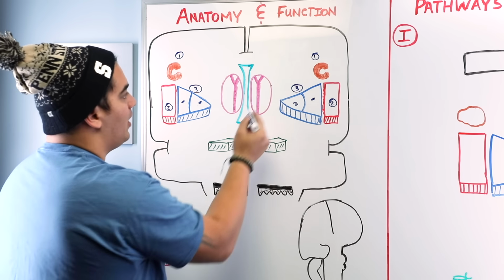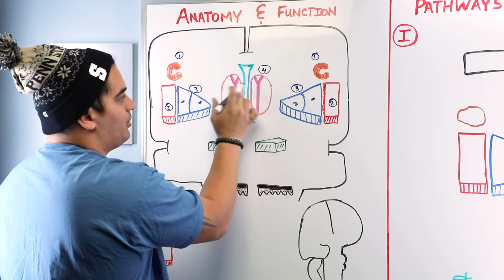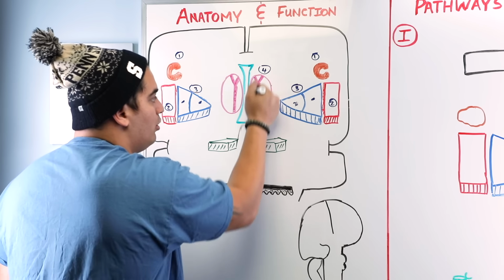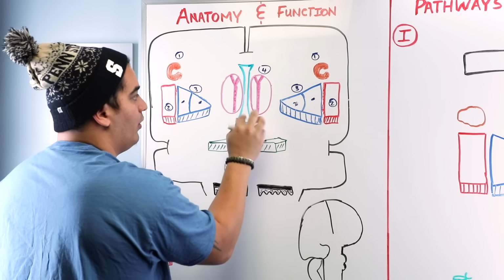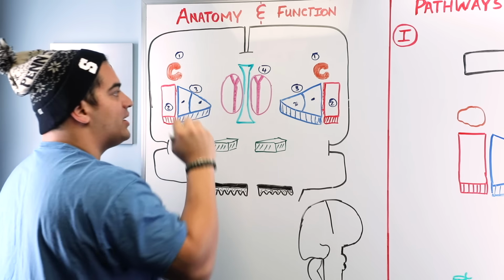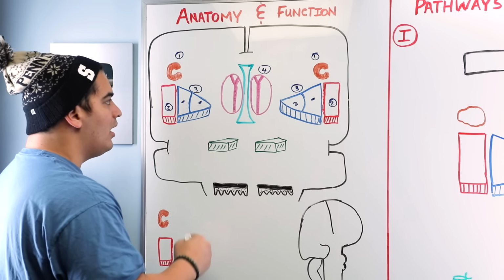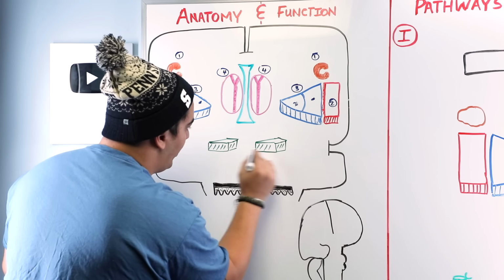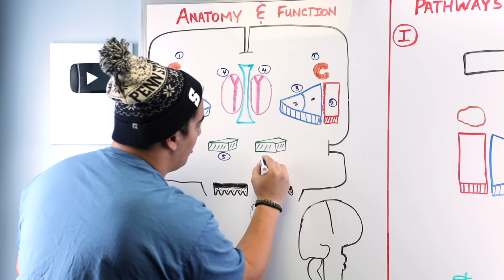What else is next? The next part is these little pink egg-shaped structures on the sides of the third ventricle. This blue structure here is the third ventricle, a little fluid-filled space with cerebrospinal fluid. On the sides of it are your thalami. So your thalamus is one of the other components of the basal ganglia. The next component is these green structures a little bit inferior to the thalamus.